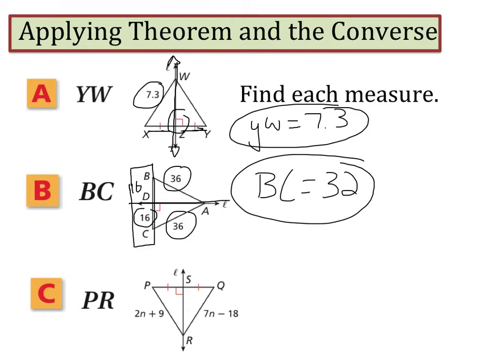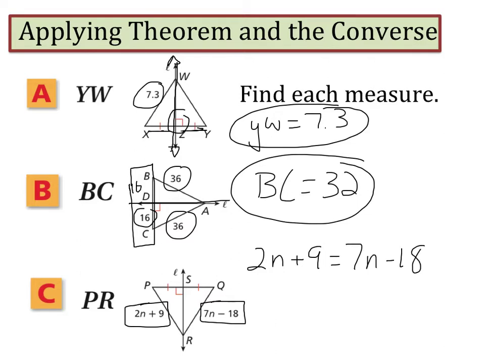Now for this last one we have to do a little bit of algebra, but since SR is a perpendicular bisector of PQ, we know that these segments have to be congruent. So 2n plus 9 has to equal 7n minus 18. Then we do a little algebra, and we know that 5n equals 27.